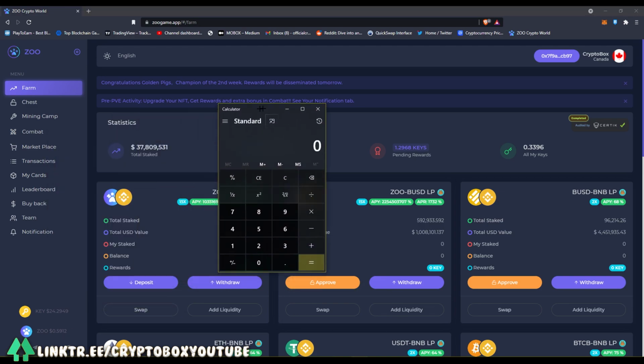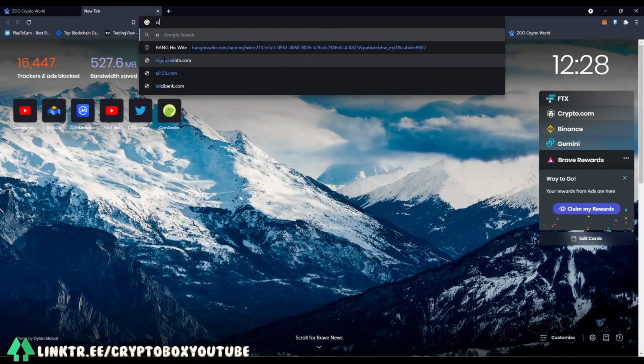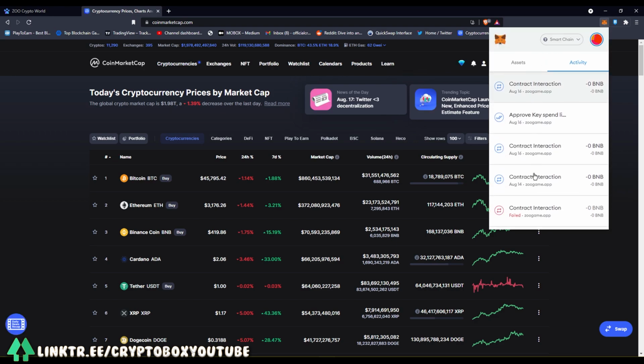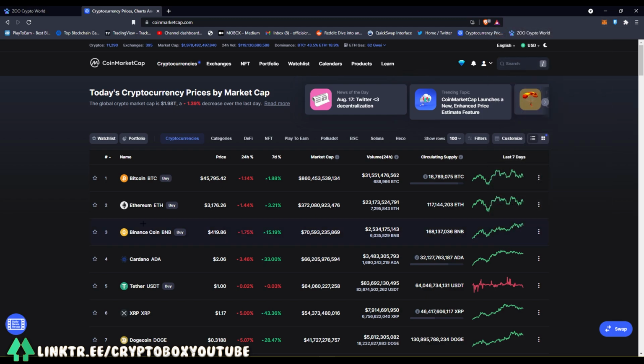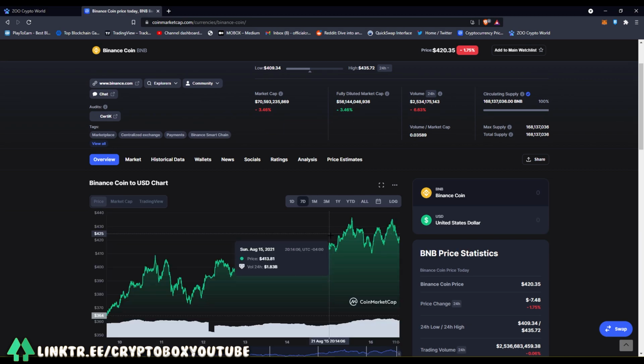So I'll pull out the calculator here, and before BNB was around, I'm not actually fully sure, but we can go back to CoinMarketCap and we'll see what was the price. So I can use my MetaMask to see when I did the last. So August 16th. So if we go to August 16th, we'll just get some August 14th, August 17th. So this is 16th right here.